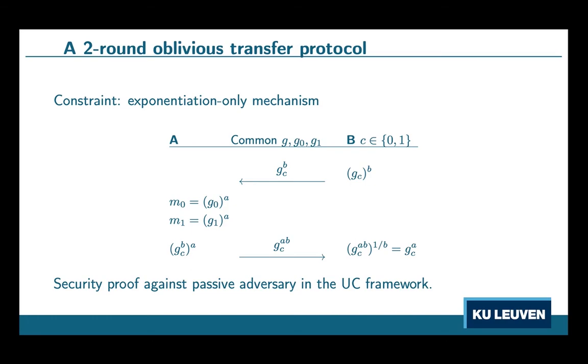So Bob will start, generate a mask B, and mask the common element of his choice. This masking hides his choice, and so Alice will reply with the key exchange protocol, in some sense, with G to the AB. Now on the side, Alice also applies the same mask A to both the 0 element and the 1 element, and that gives her 2 random values that she can use.